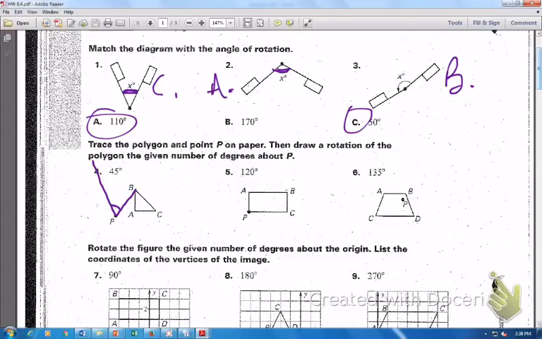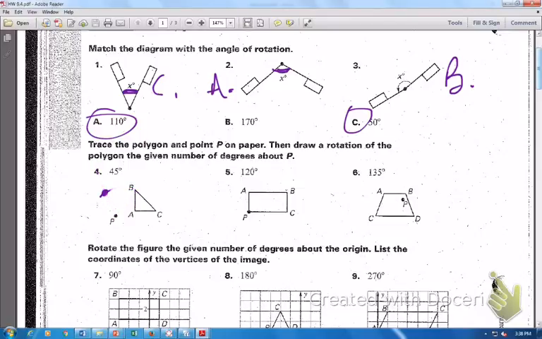And then you would measure the distance from P to B, or get your compass out, put your point on P, and then arc through B out to here. And that will tell you where to put B prime, right?